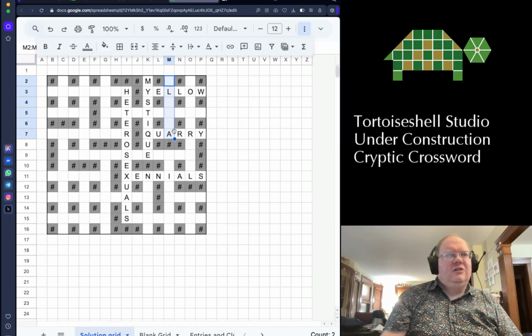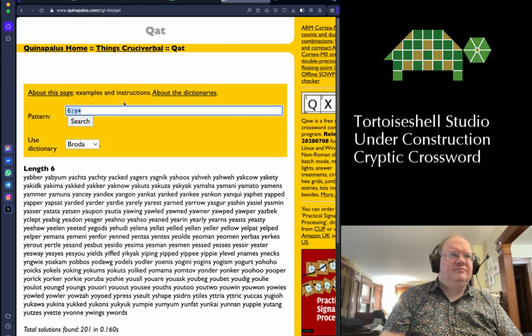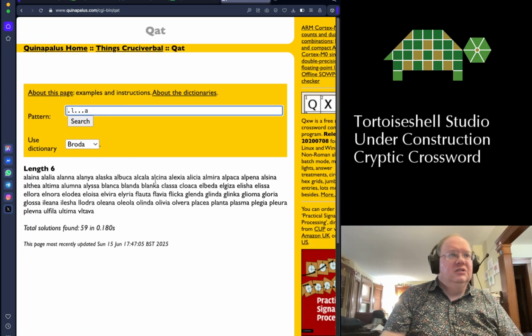So this could still be, we could potentially have a consonant before the L here. Cloaca, probably not. Glinda, Gloria, plasma.